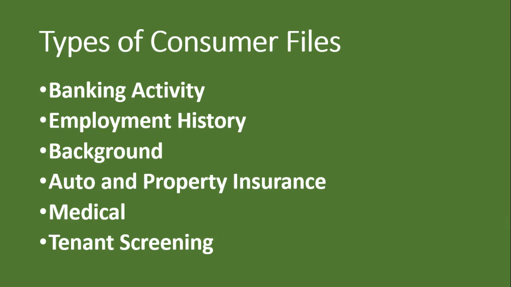And then we also have the medical consumer files. This is information about people's past medical history that may be of some concern for an insurance company. And this is really big right now, where insurance companies are reviewing these private consumer files to determine if there is some hidden medical history.